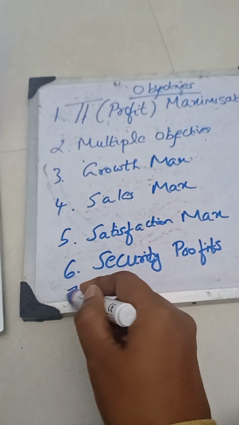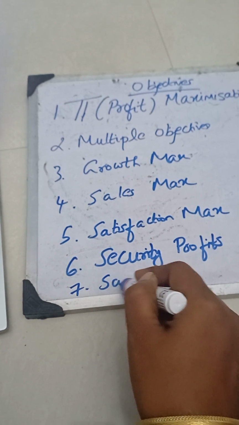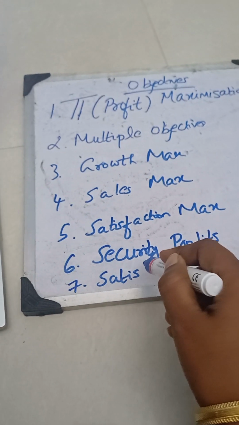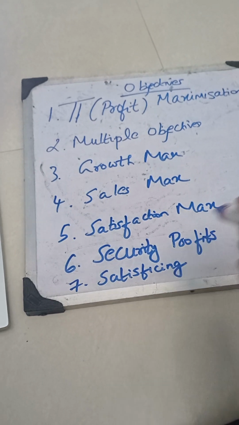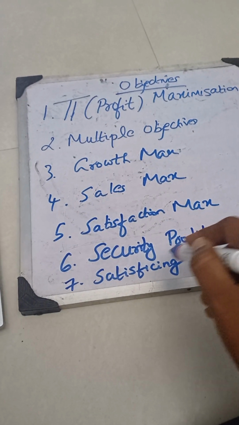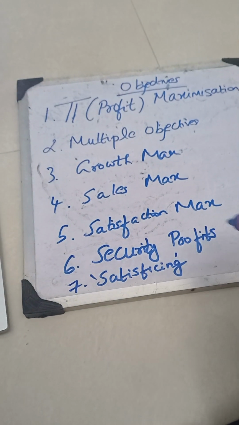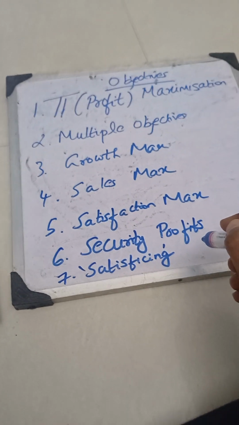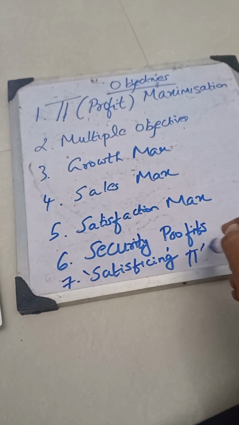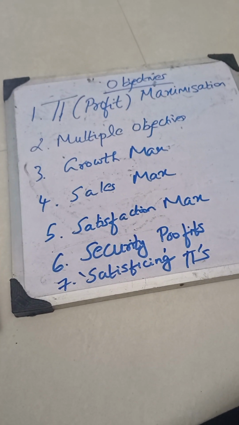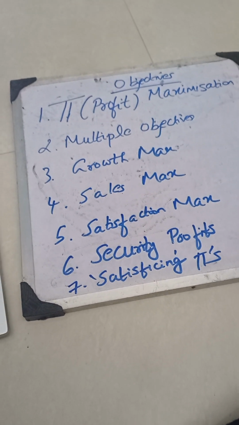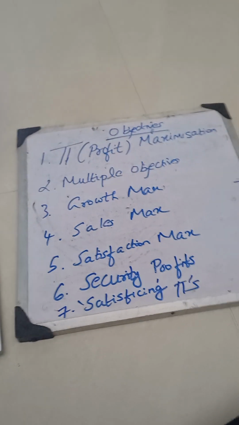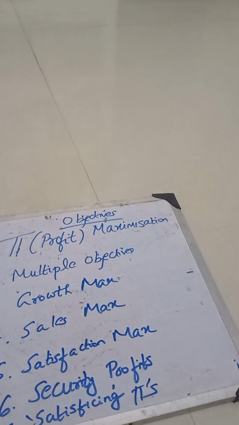Not satisfaction, but satisficing level of profits. He used the term satisficing to express that the firm will not want to maximize profits but will want to have a satisfactory level of profits.